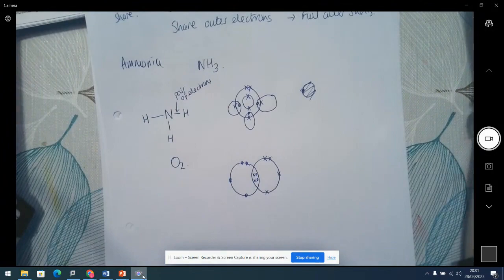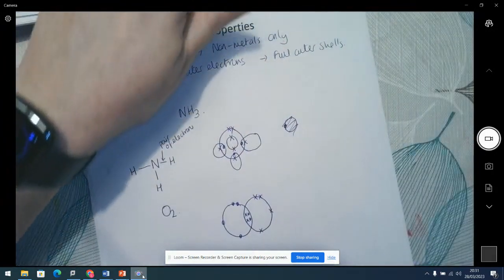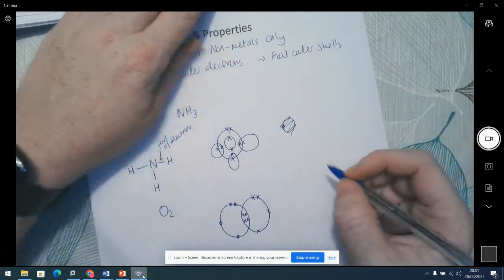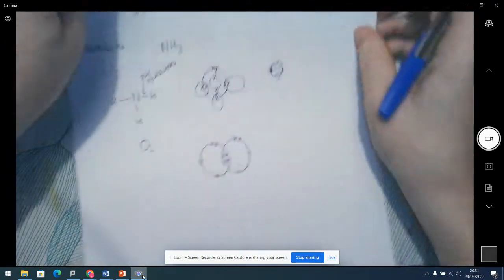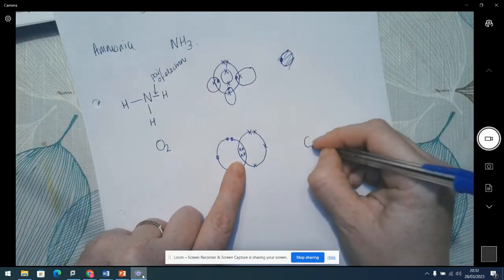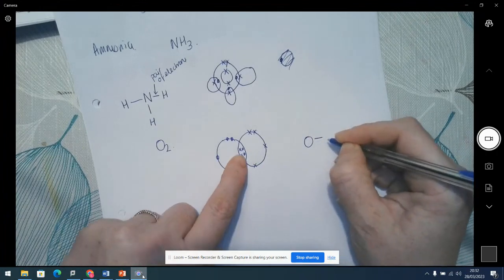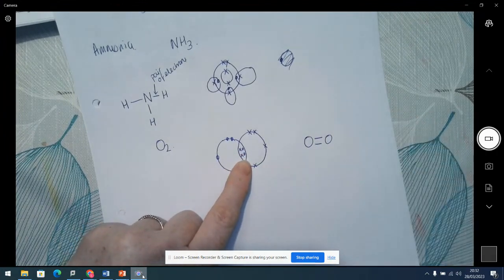And that would be the bonding of oxygen. If I was being asked to draw the actual stick diagram like I've done here, I'm looking for the paired electrons. So I can see there's 2 pairs here. So I'd have my oxygen, 1 line for that pair, 1 line for that pair, drawn like that. And it's got a double bond.